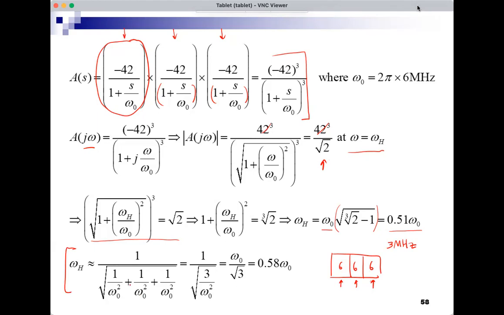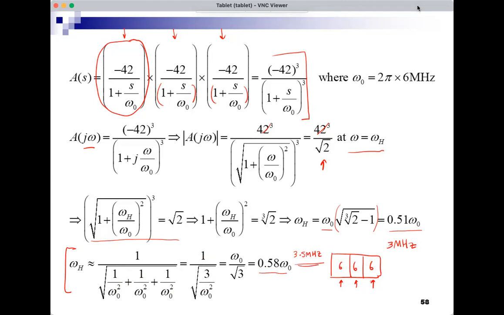And this would work if the 6s are different, so maybe 6, 5, and 4, or whatever numbers. So if I do this approximation, I get 1 over 6 squared plus 1 over 6 squared plus 1 over 6 squared, so 3 over omega 0 squared. 1 over that would give me 0.58 omega 0. So maybe not 3 megahertz, maybe 3.5 megahertz. And this is an approximation.